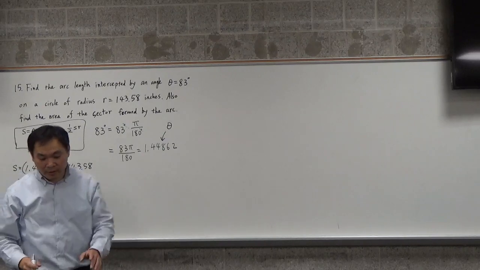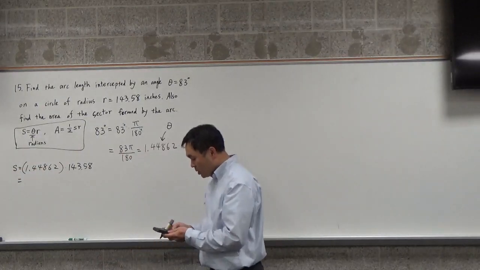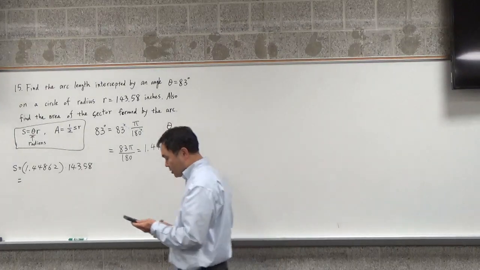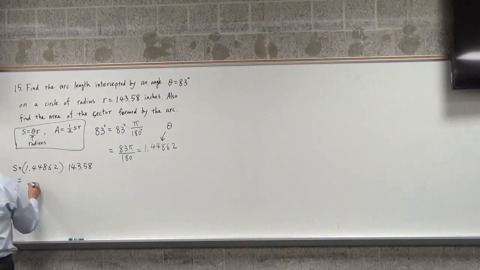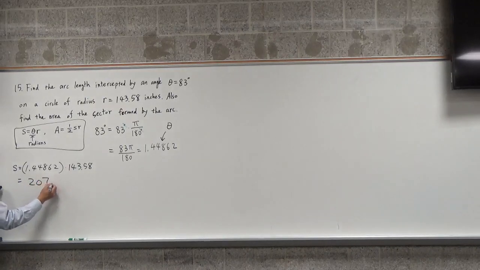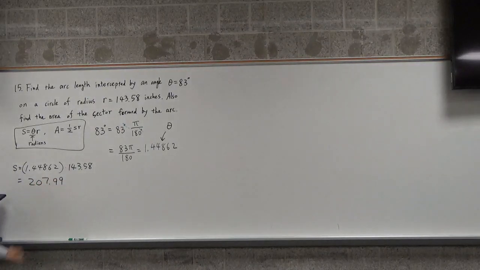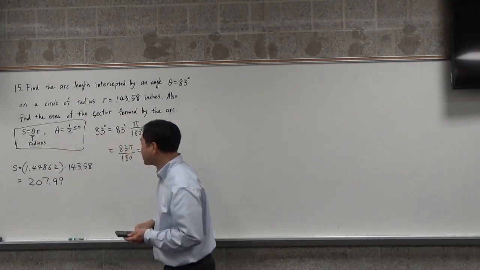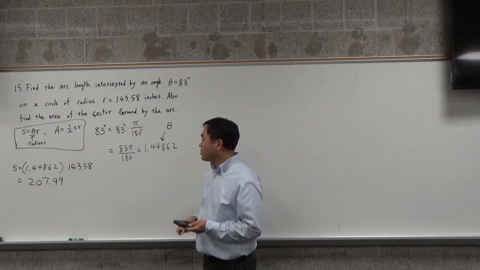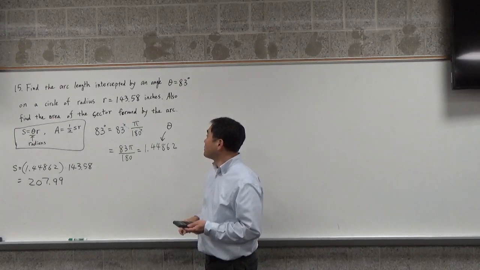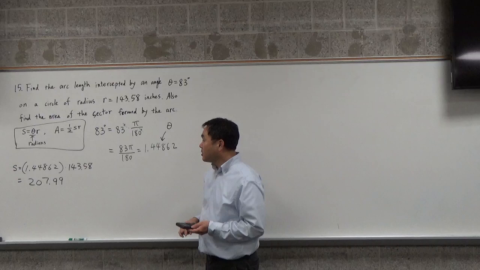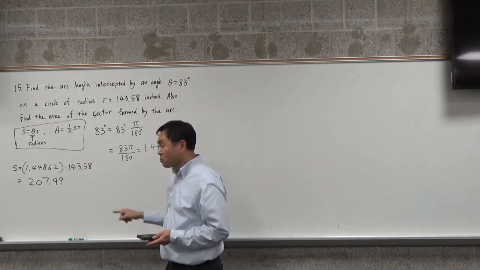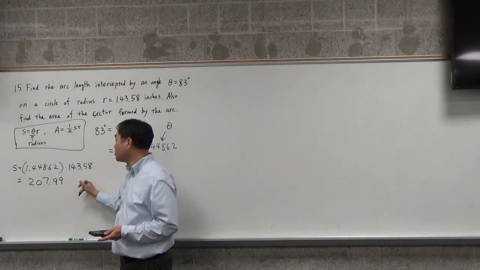Let's multiply that, and the result is 207.99 something, and then we just keep the 5 digits because that's what's given here. Okay, so that's your S. However, you need a unit because the original is given in inches. So what should I put in here? Inches.